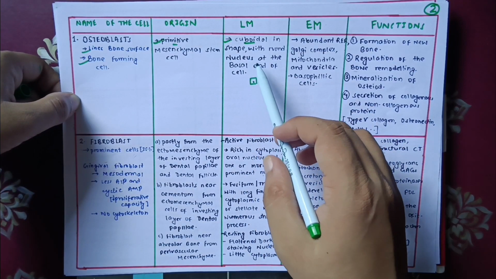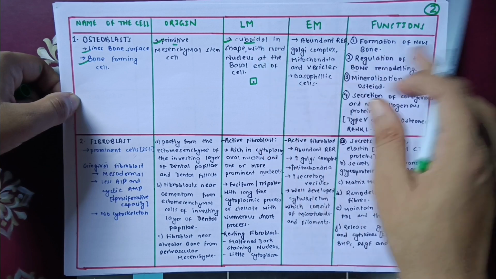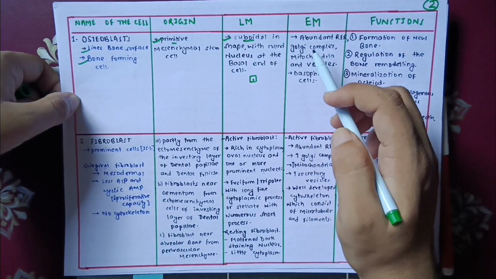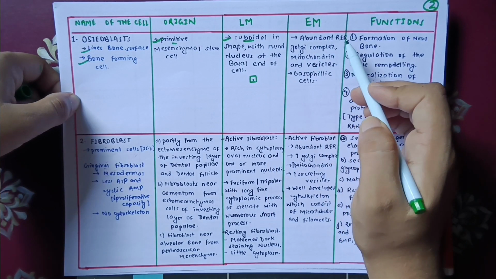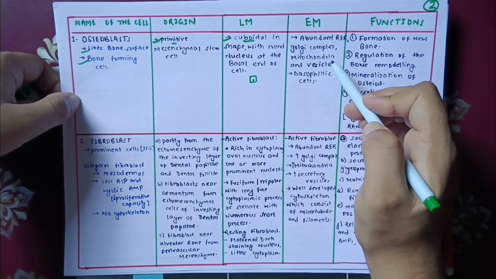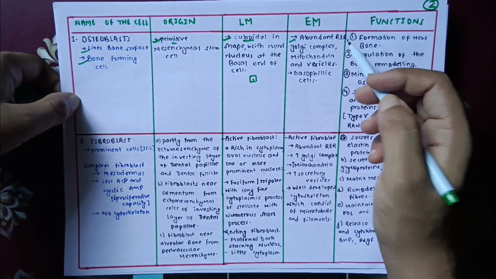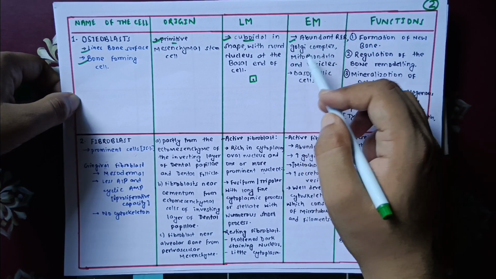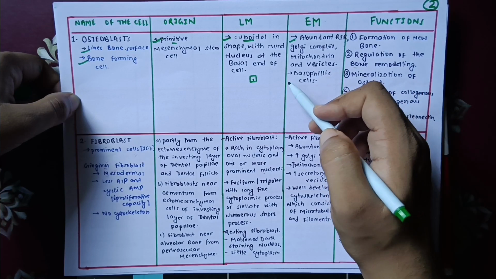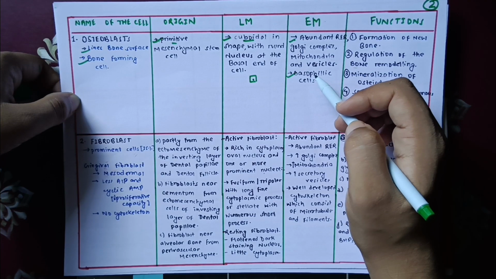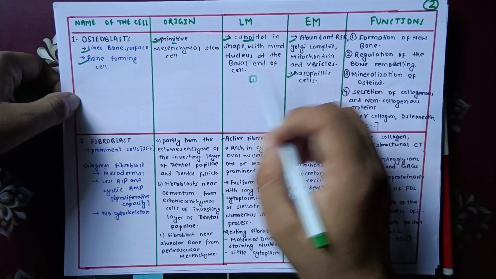In the electron microscope we can see abundant rough endoplasmic reticulum, Golgi complex, mitochondria, and vesicles. It is a basophilic cell, so basophilic staining takes place in the osteoblast.